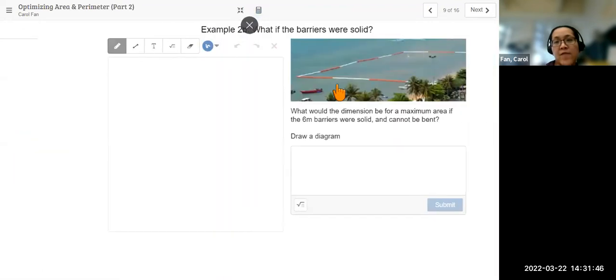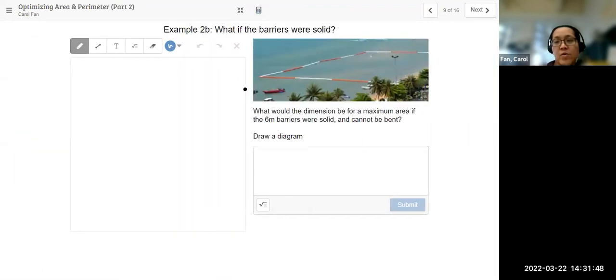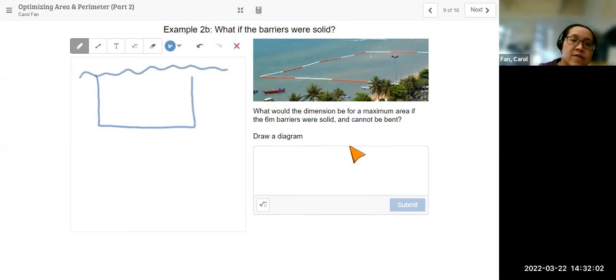Instead, if it's solid, we have to use 6-foot segments to fence it off. Okay, so I still have this, but my dimensions must be a whole number.